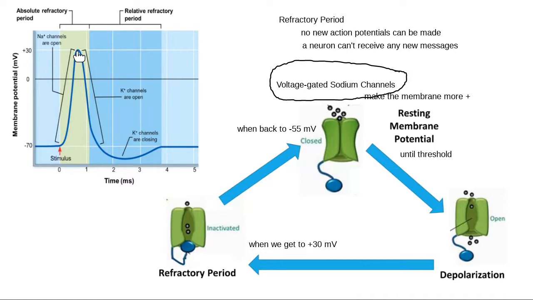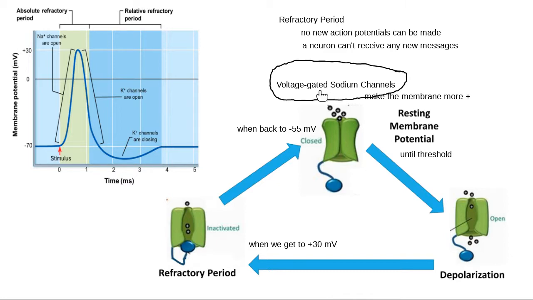If I'm trying to send another action potential, if I'm trying to depolarize the membrane again, the only kind of channel that I can use to depolarize the membrane are these voltage-gated sodium channels. If they're already open from the last message I received, I can't receive a new message. They're already responding to the first message.